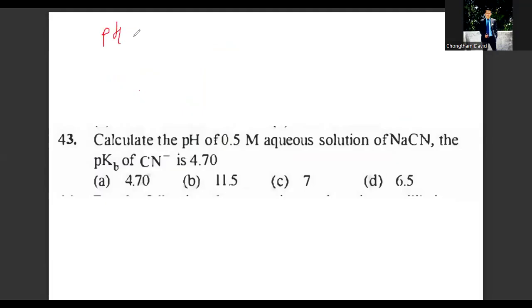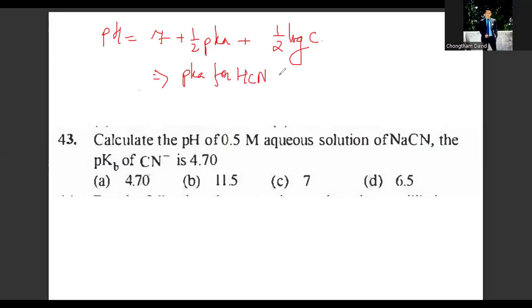And the formula to find the pH is pH equals 7 plus half pKa plus half log C. And pKa for hydrogen cyanide would be 14 minus 4.70, which is 9.30.